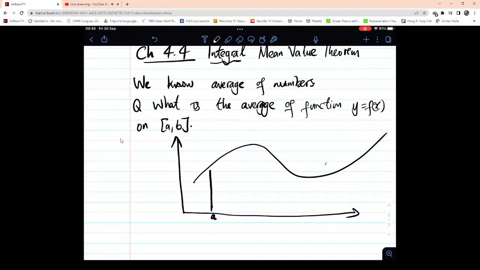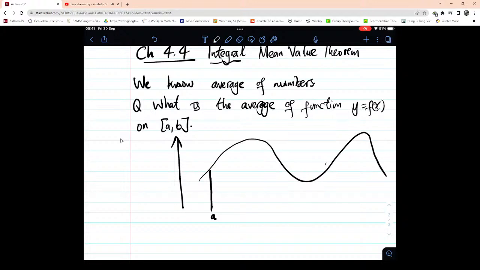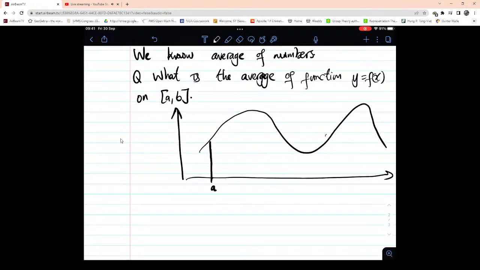Okay, suppose this is our function, and we want to check what's happening there. So what we would call the average of this function would be something like that.